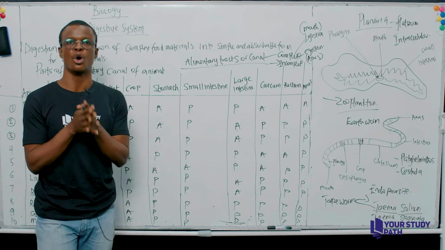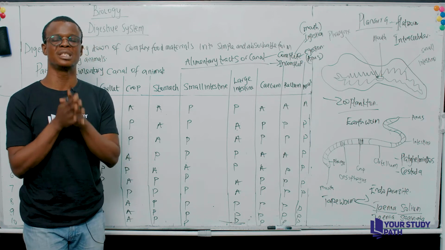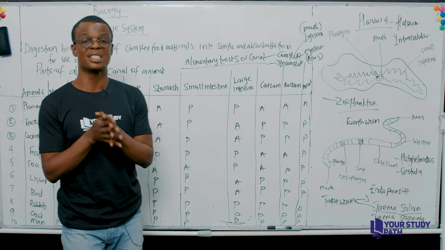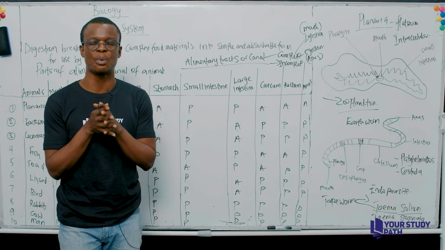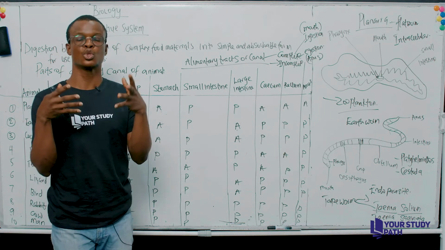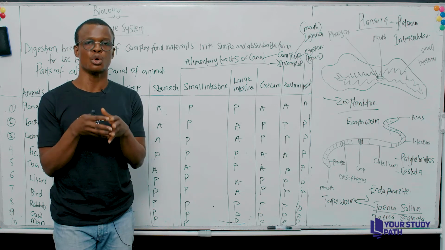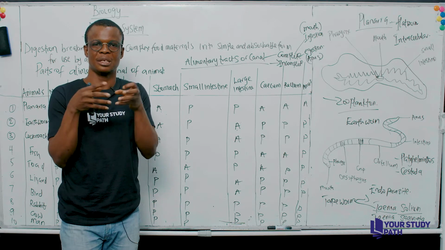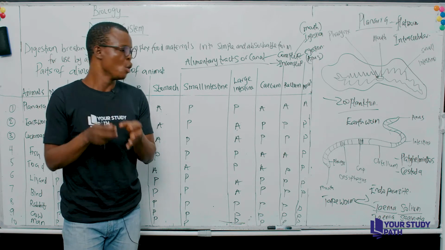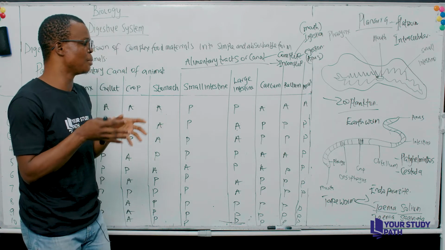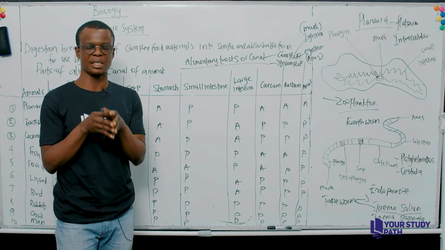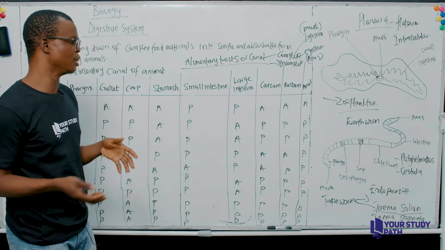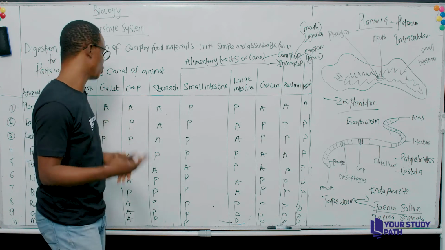What is the function of the crop? Should you miss this in any of your examinations, the crop is responsible for temporarily storing food. It's like a bag where food is temporarily stored in an organism, more like a stomach in human.